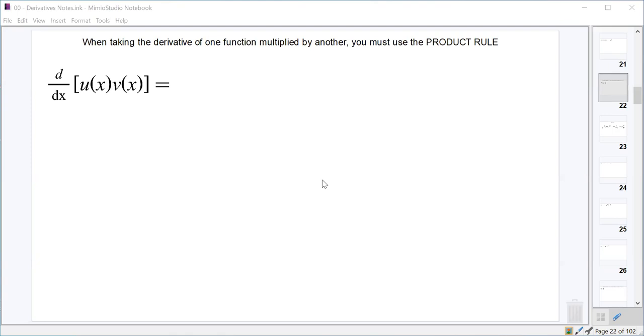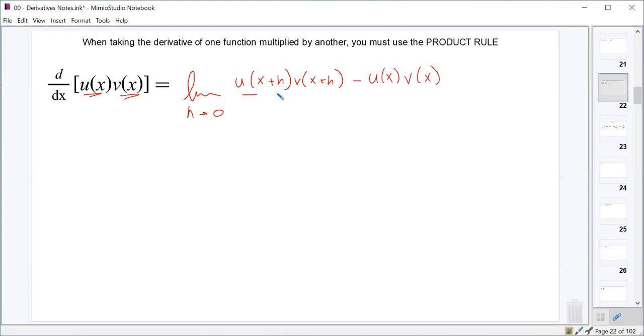Since we don't have a rule for this, the only way we can attempt to take the derivative of one function, u of x, times another function, v of x, is to write it out as a limit as h approaches 0 of u of x plus h, v of x plus h, minus u of x, v of x, all over h.